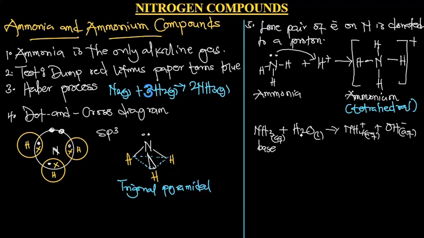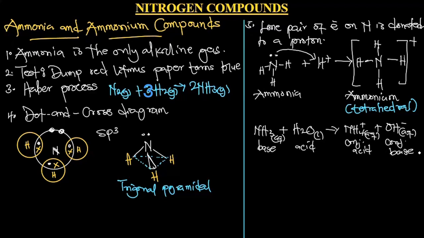Water here is acting as an acid because it is the proton donor. So in the words of Bronsted Lowry, this is going to be your conjugate acid. And this is your conjugate base. Good.